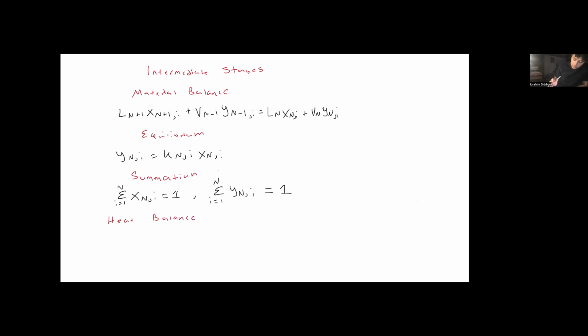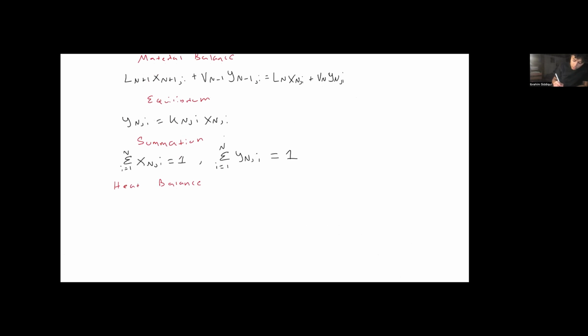And for our heat balance, it's going to look a little bit more in depth, but it's going to be our vapor flow at stage n multiplied by our vapor enthalpy at stage n plus our liquid flow at stage n plus 1 multiplied by our vapor enthalpy at stage, no, sorry.